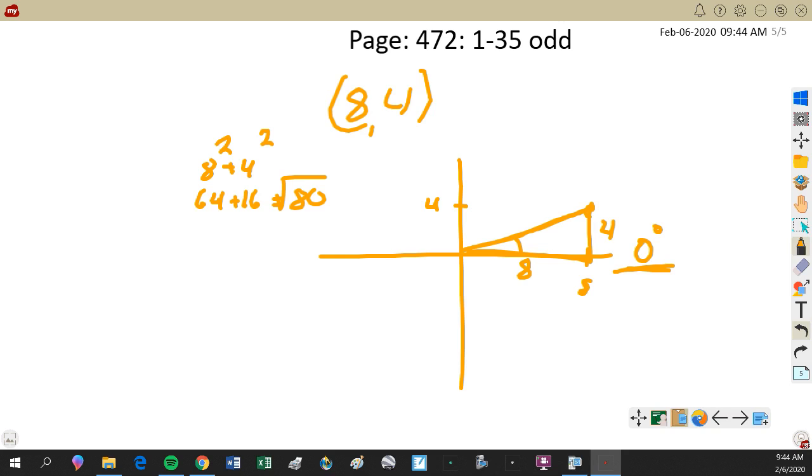So the fast way to simplify this, the square root of 80, actually has 2 4s in it. Yeah, it does. Sorry, 16. So 16 times 5. So I can take the square root of 16, but I can't take the square root of 5. So the answer is 4 root 5.